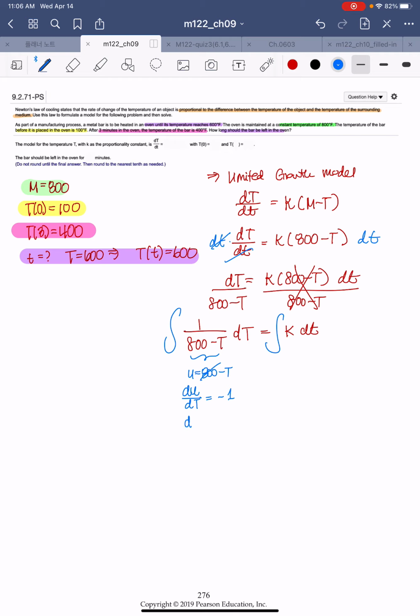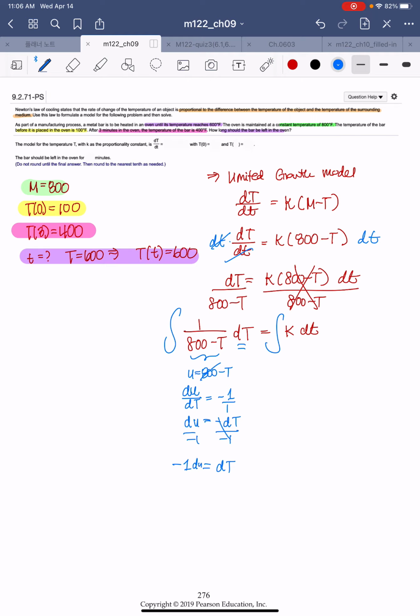So we can solve for dT. du is equal to negative dT. So I divide by negative 1, so dT is equal to negative 1 du.